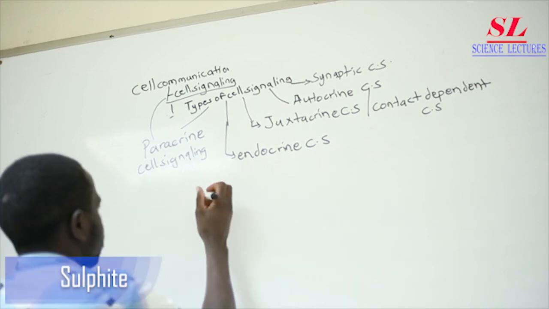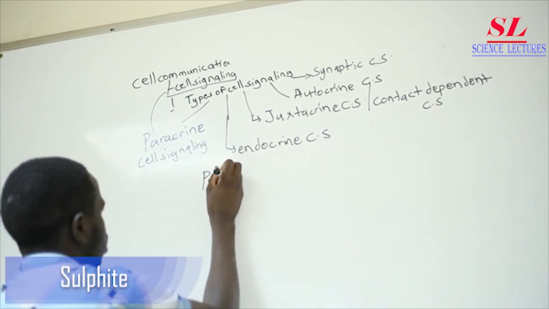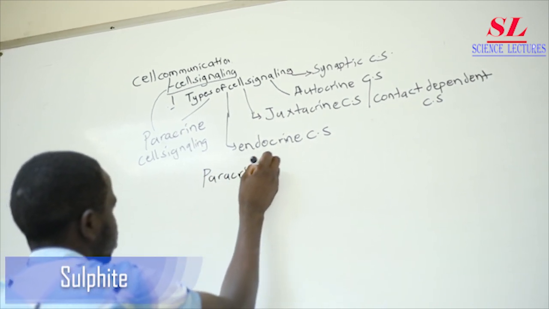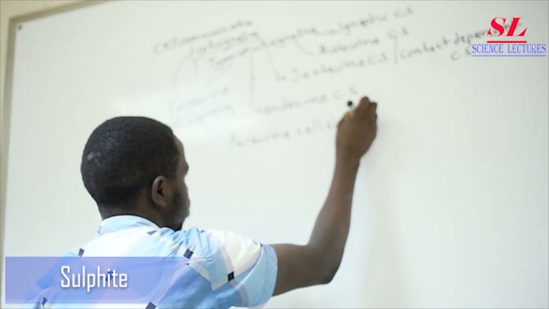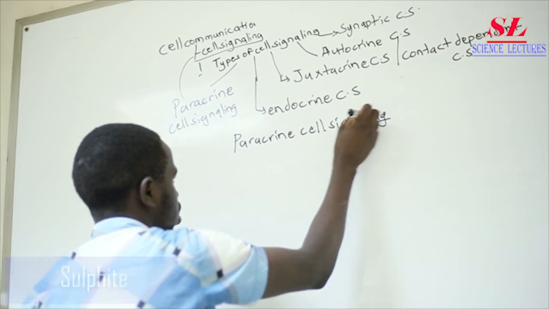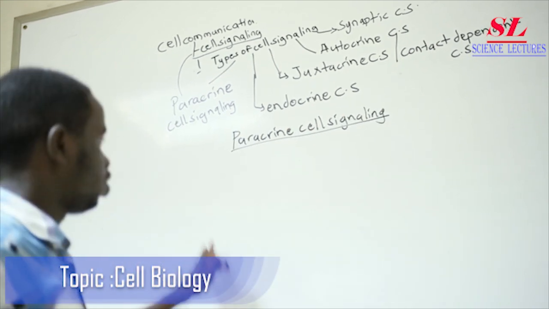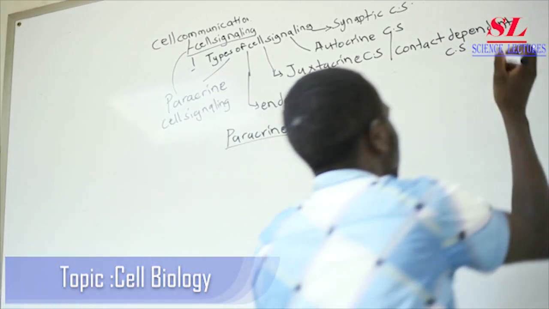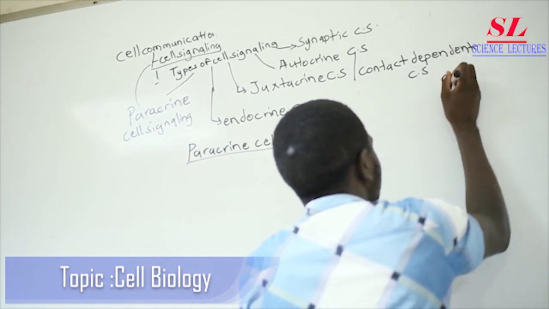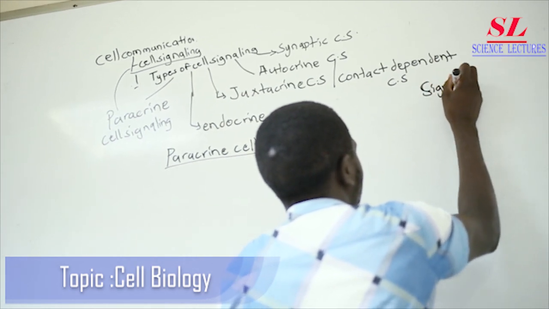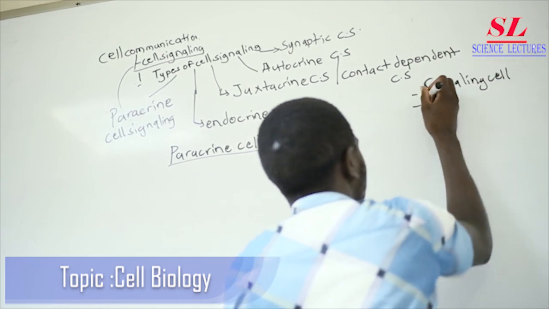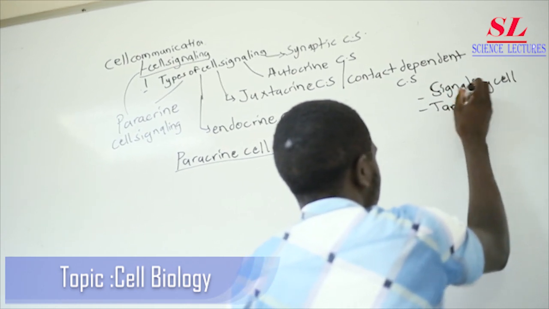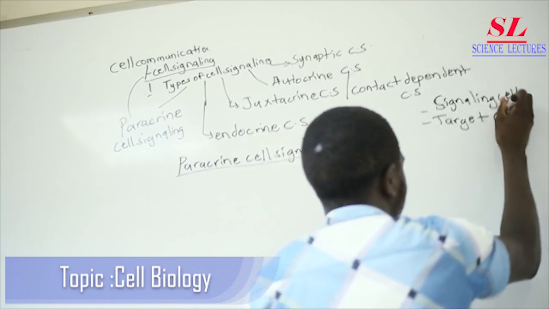Let's begin with paracrine cell signaling. Important to note before even we go further that we shall always have a signaling cell, and then we shall have what they call a target cell.